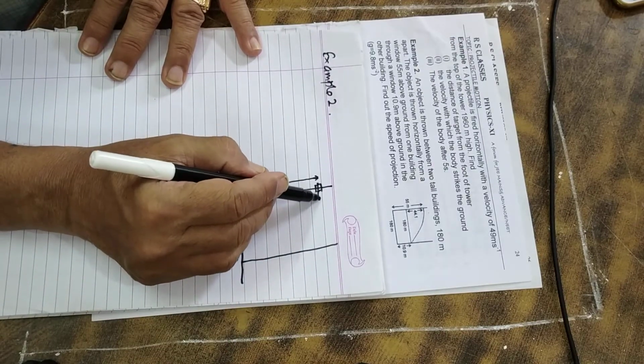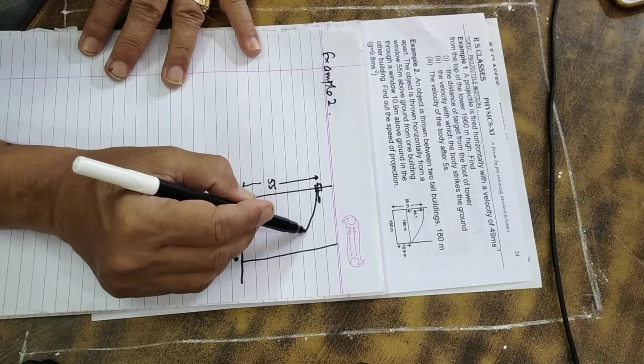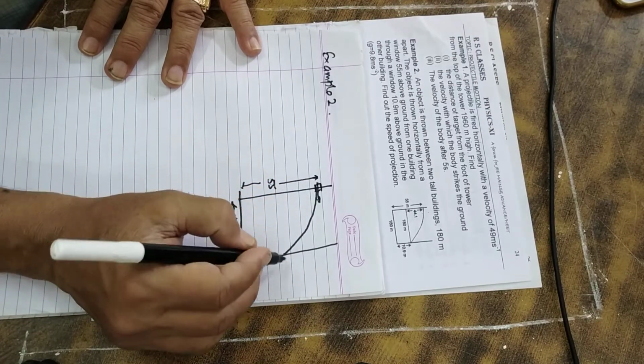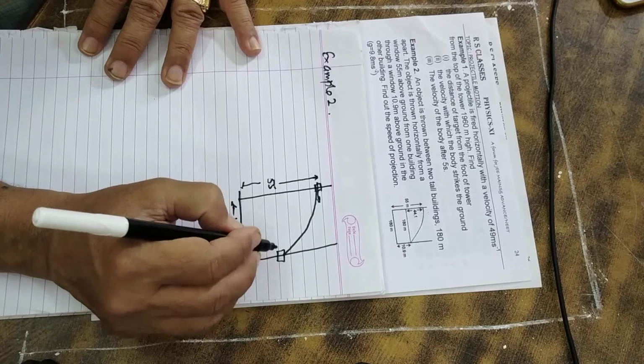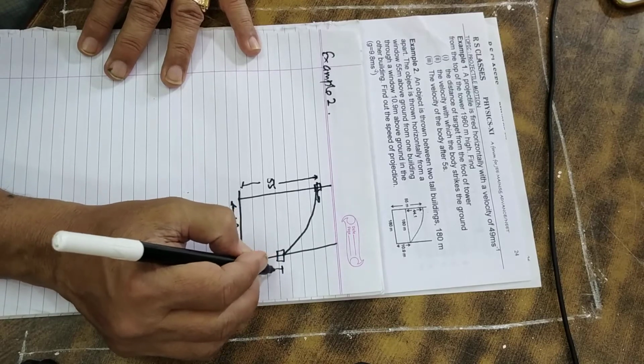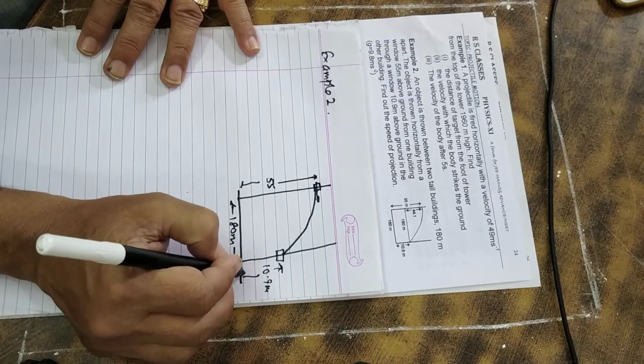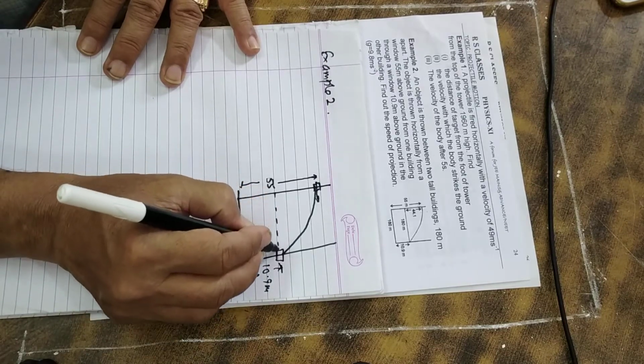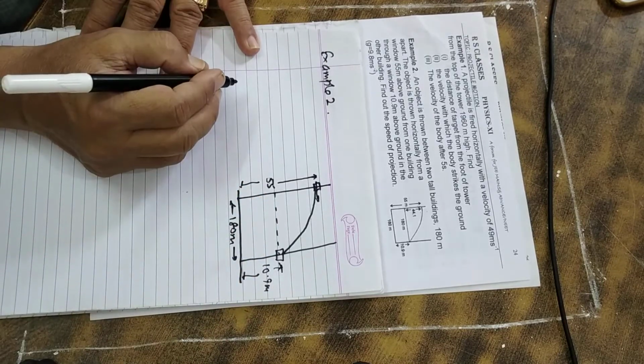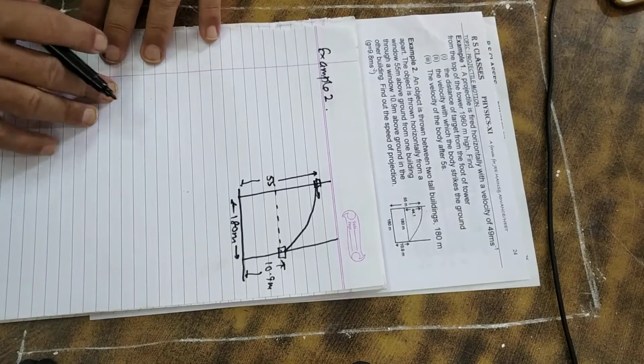This object is thrown like this, and it enters a window in the other building at a height of 10.9 meters above the ground. Find the speed of projection.